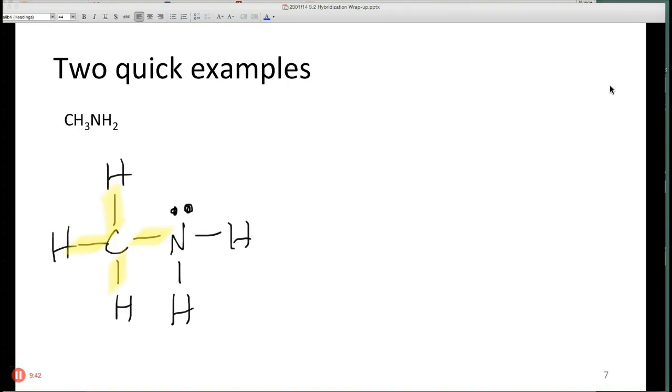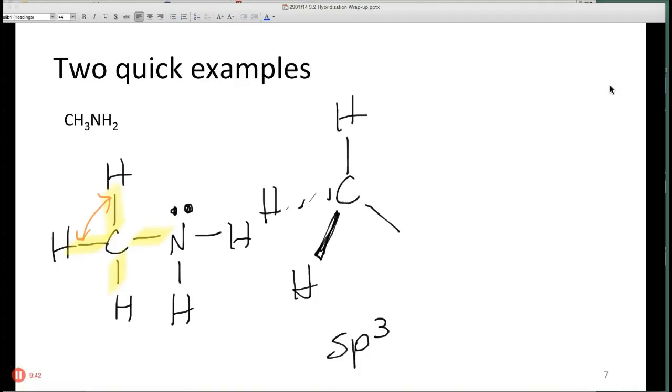That means by VSEPR, it must have 109-degree bond angles. Therefore, the only orbitals I know that will allow 109.5-degree bond angles and allow 4 single bonds are sp3. So the carbon atom must be hybridized sp3.